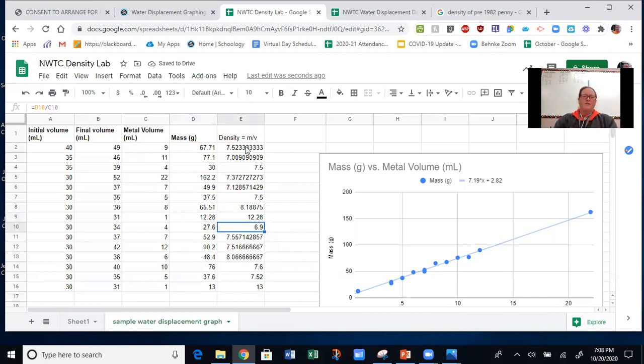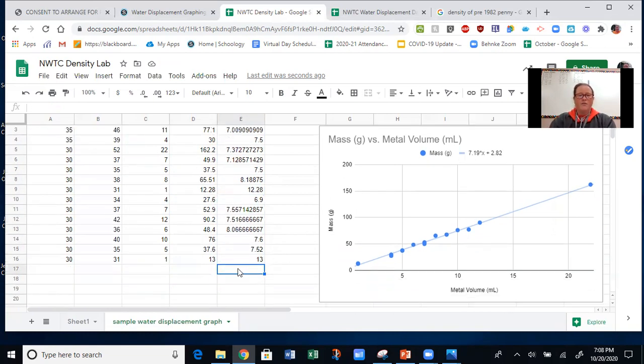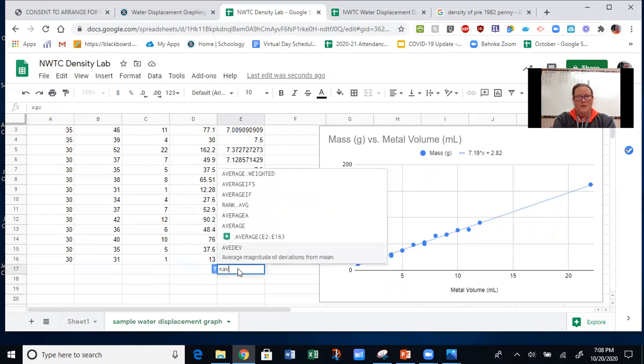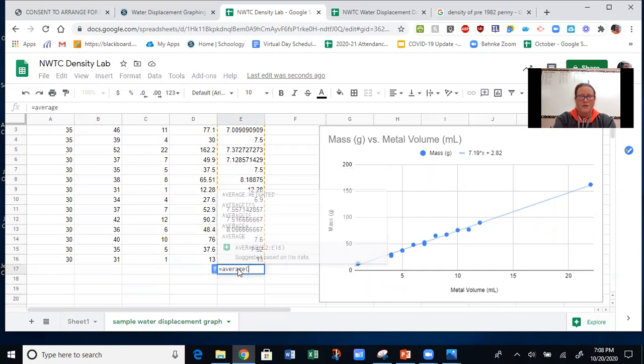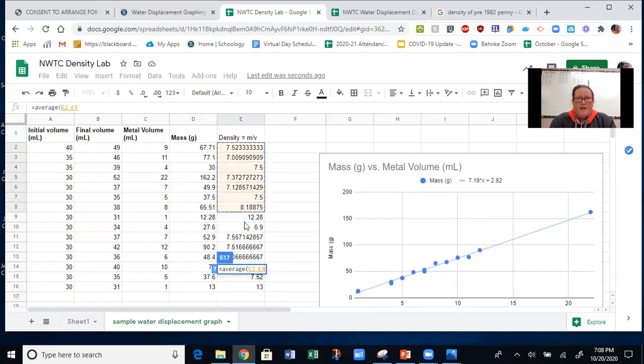So now I want us to highlight this column. We're going to get an average. Actually, I'll show you a different way. We'll use the equation feature again. Equals the average of, and I'm going to highlight the average of that column.